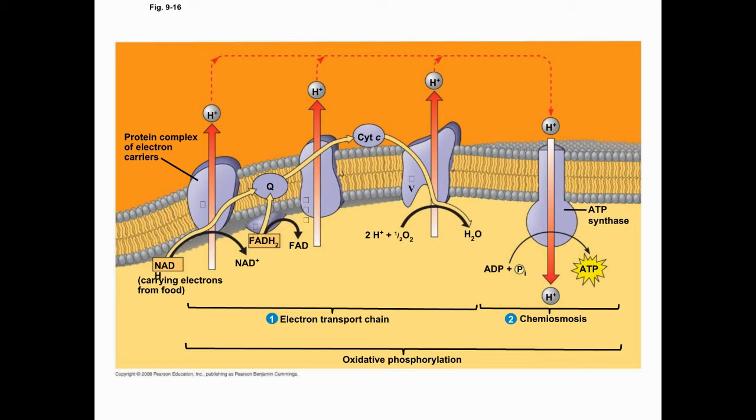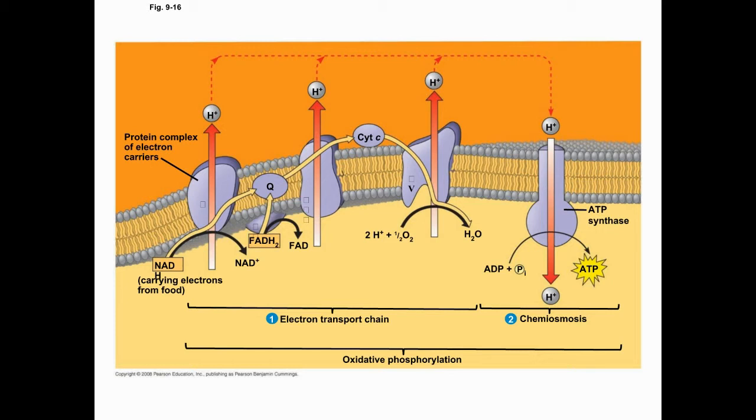How many FADH2s do we get? That's just in the Krebs cycle. We get 1, but that's per pyruvate, so per glucose we get 2. We get 3 ATPs per NADH. We get 2 ATPs per FADH2.